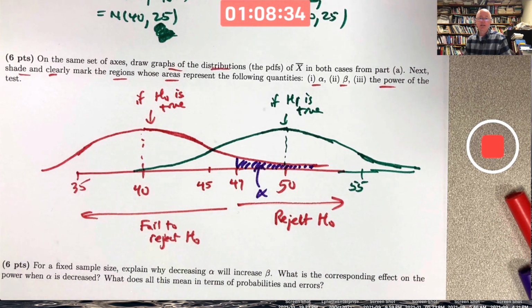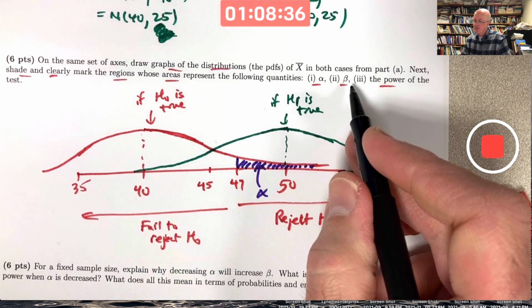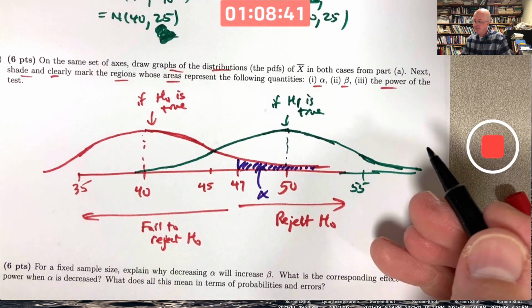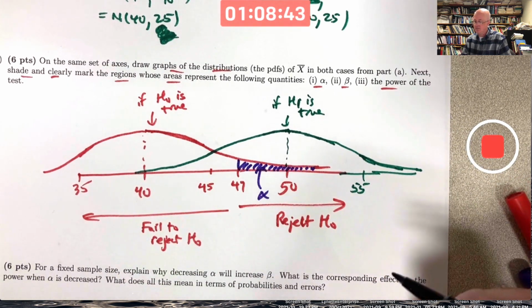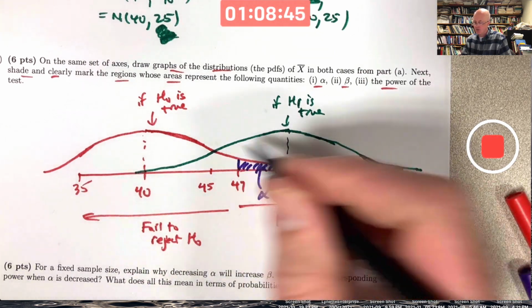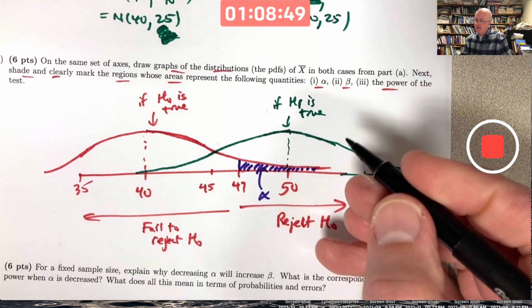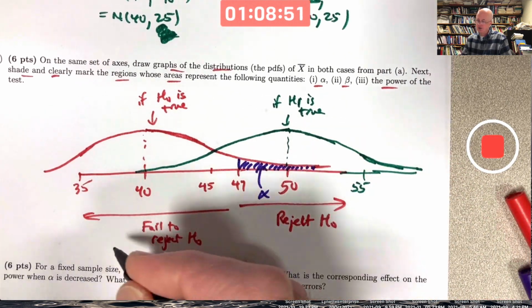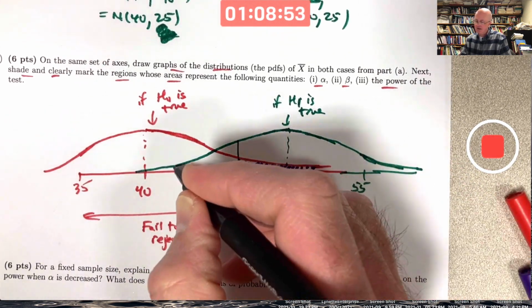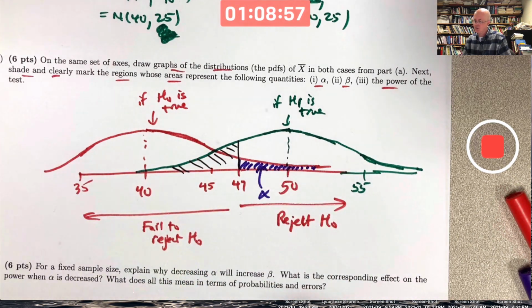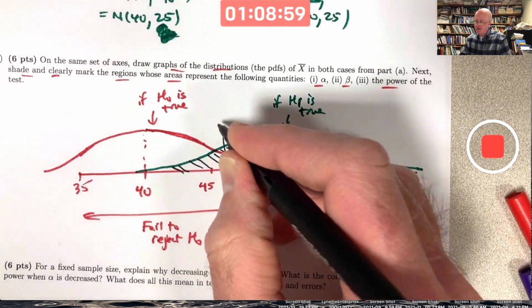Beta is the probability of a type 2 error, failing to reject the null when the alternative is true, so you should have rejected the null. H1 is true. The green graph is the true distribution of x bar. What are the chances of failing to reject? The area under the green graph to the left of 47 when H1 is true. That is beta.